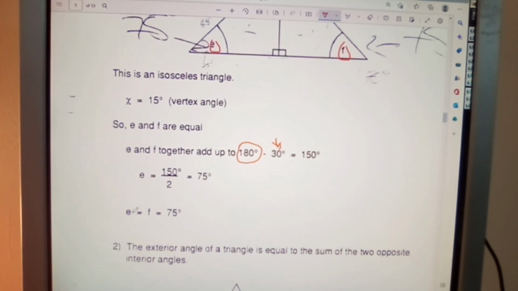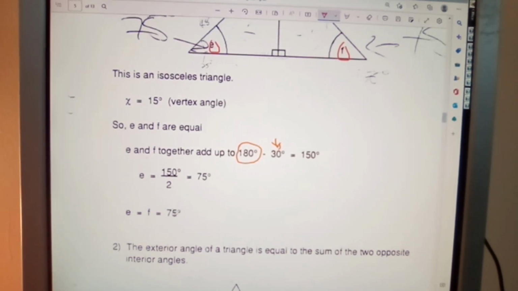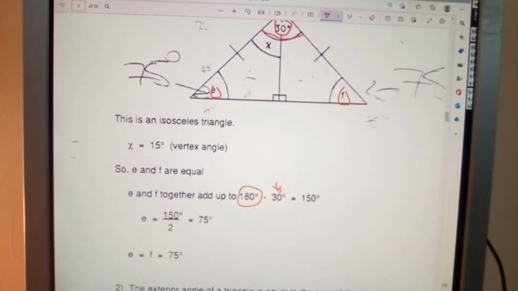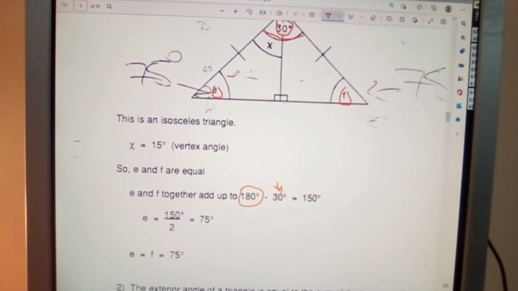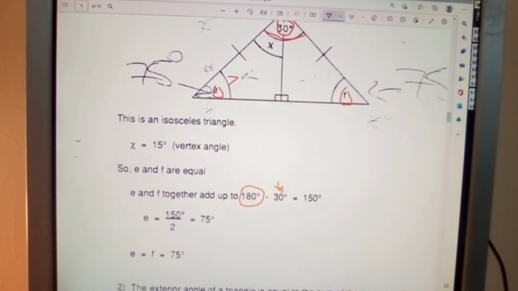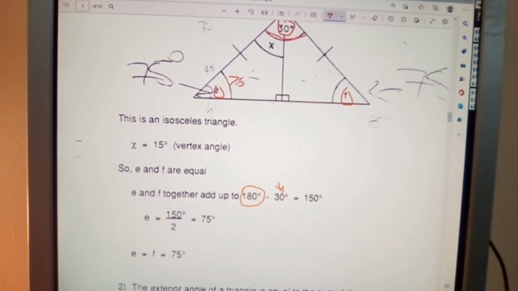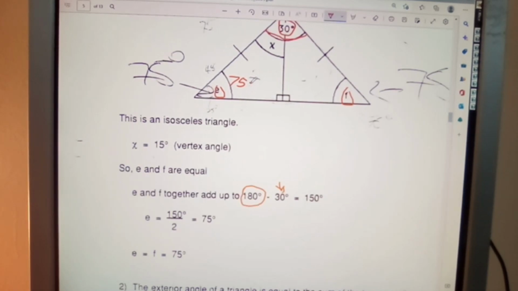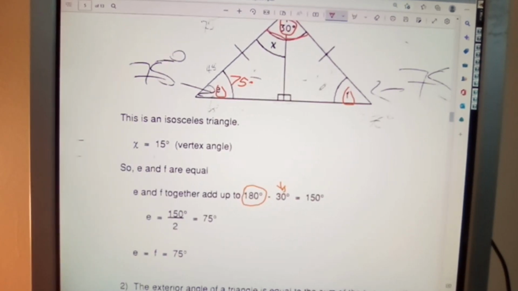So let's put it in. That's now equal to 75 degrees, and that's now equal to 75 degrees.